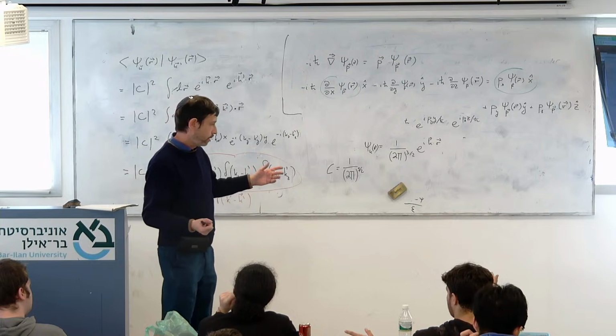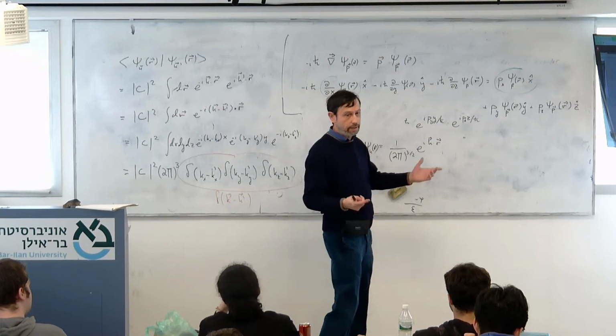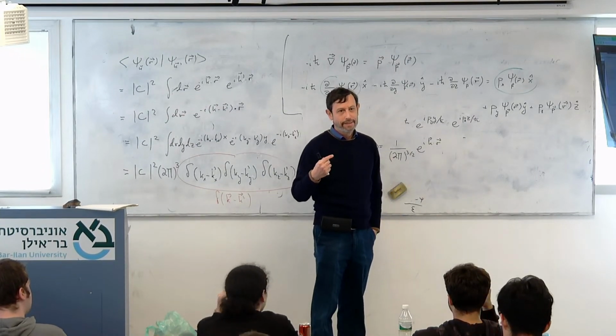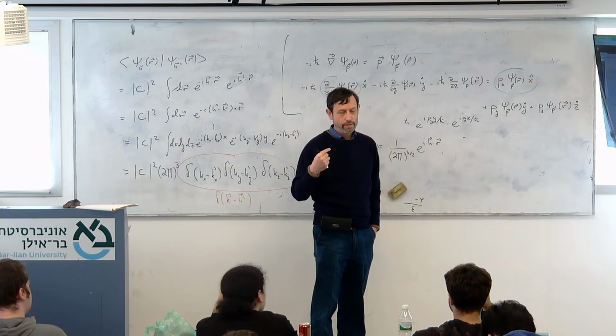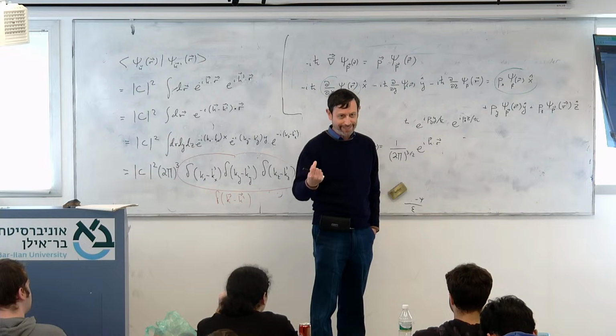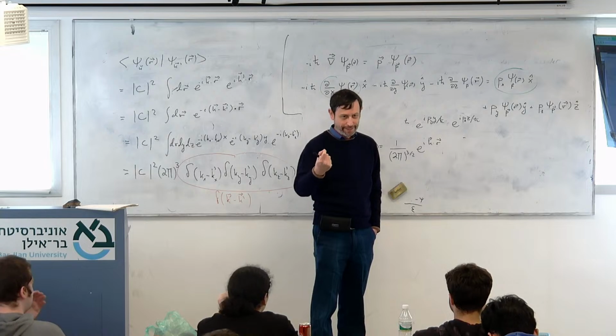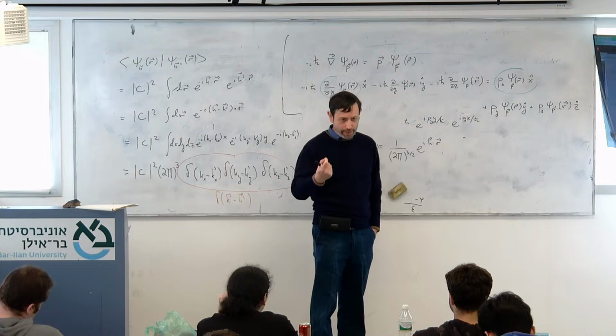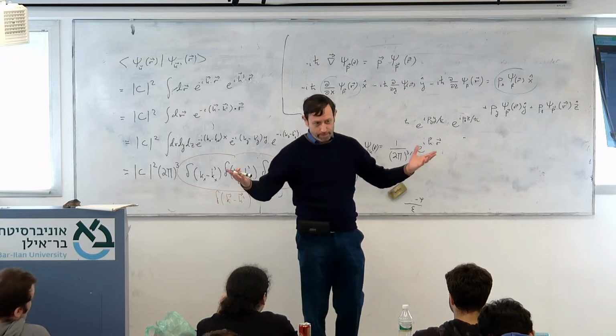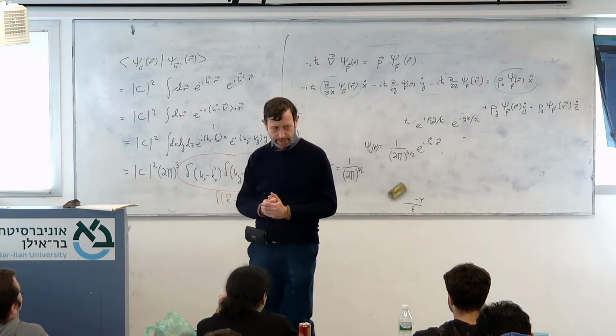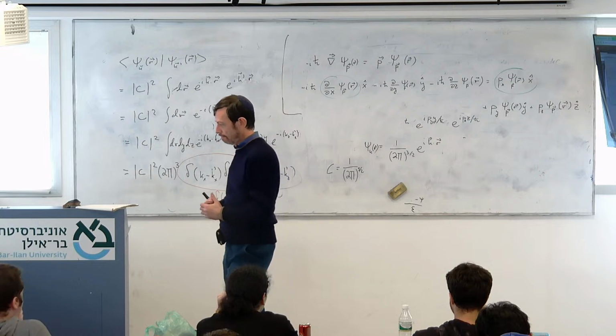In space, yes. The same problem that you have for a delta function. It has to be at a point within a continuum. Same problem at the end of the day.